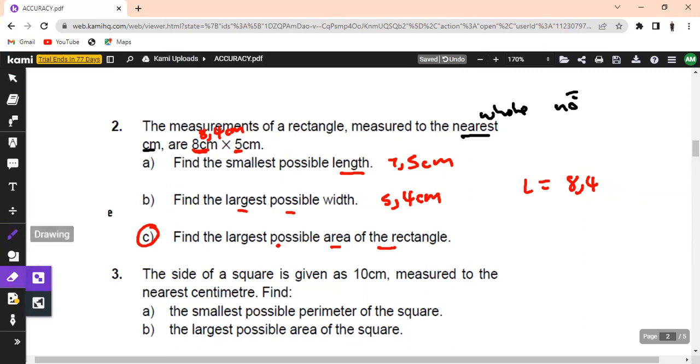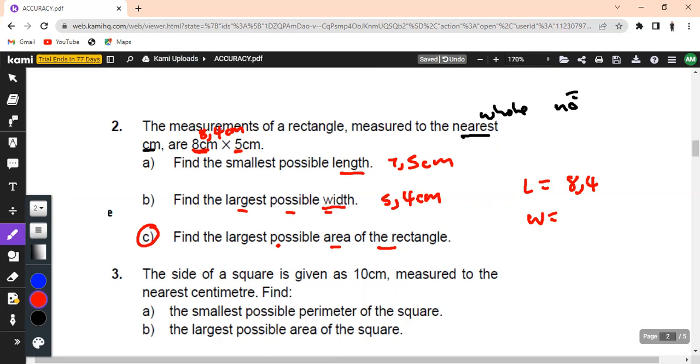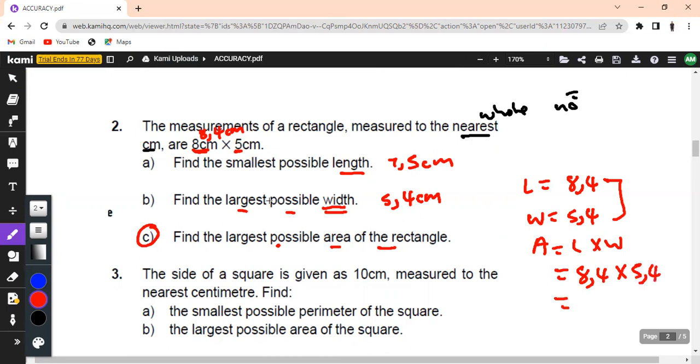And the largest width is the one that we already calculated here, 5.4. So these two are going to give us the maximum area, which is 8.4 times 5.4. Just like that. You multiply 8.4 times 5.4, and you're done.